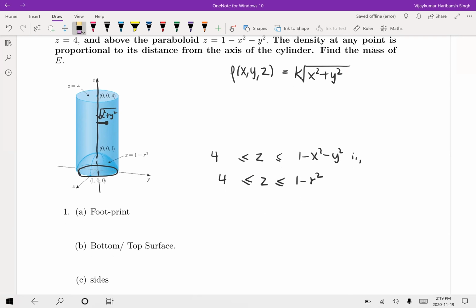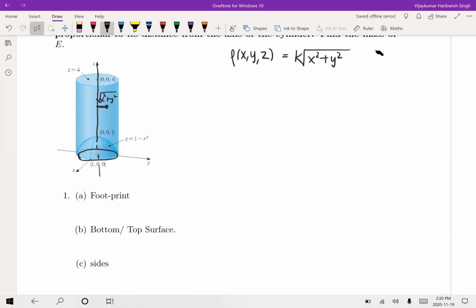So let's write that down. z is changing from 4 to 1 minus r squared. 4 is on the top, so the top is z equals 4, the bottom is 1 minus r squared.